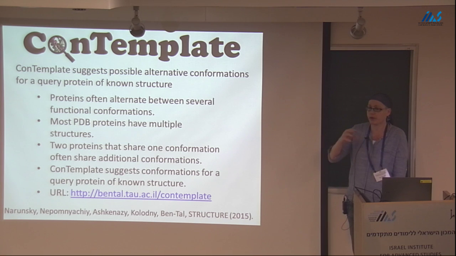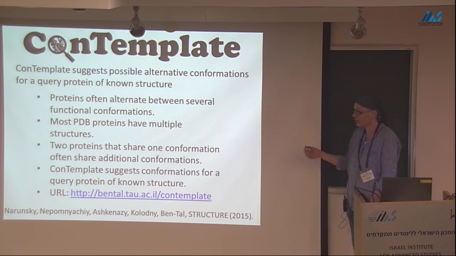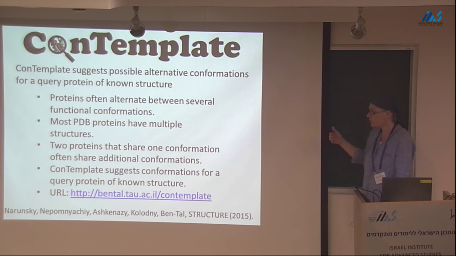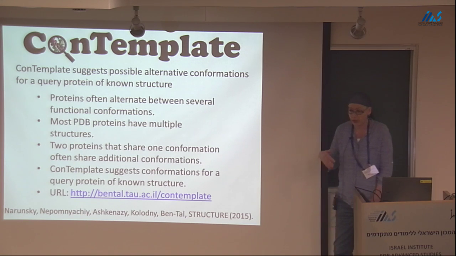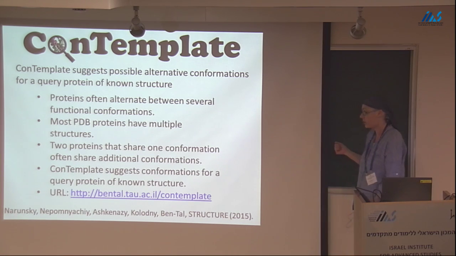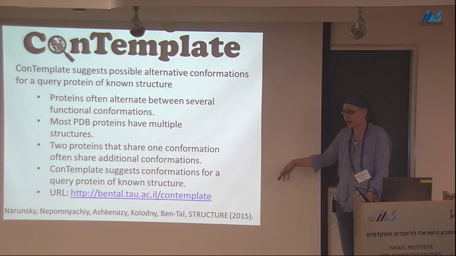You can find first proteins that are similar to your protein, and then there are alternative conformations, and these will be suggested as alternative conformations to your protein. And in cases where the two proteins not only share one conformation, which is why you found them, but share the other conformations as well, then this would be a useful piece of information. Okay, so this is what Contemplate does for you. And this is, of course, online, and it's all supported.